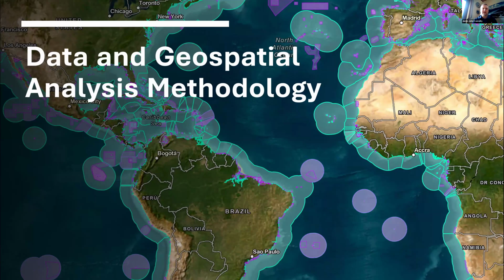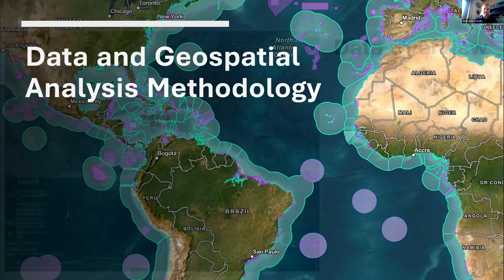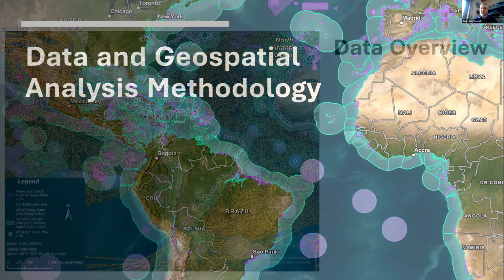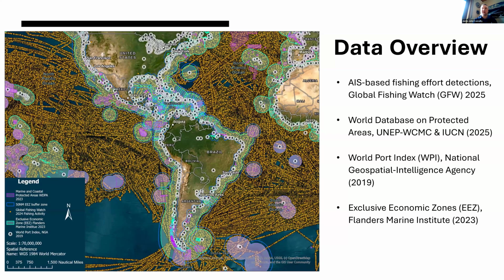All right, so now I'm going to talk about the data sources and the methodology of my research. I mentioned a little bit about AIS, the automatic identification system. This is a commercial transponder that's required by all commercial fishing vessels. There are other systems out there, but globally AIS is the most popular.